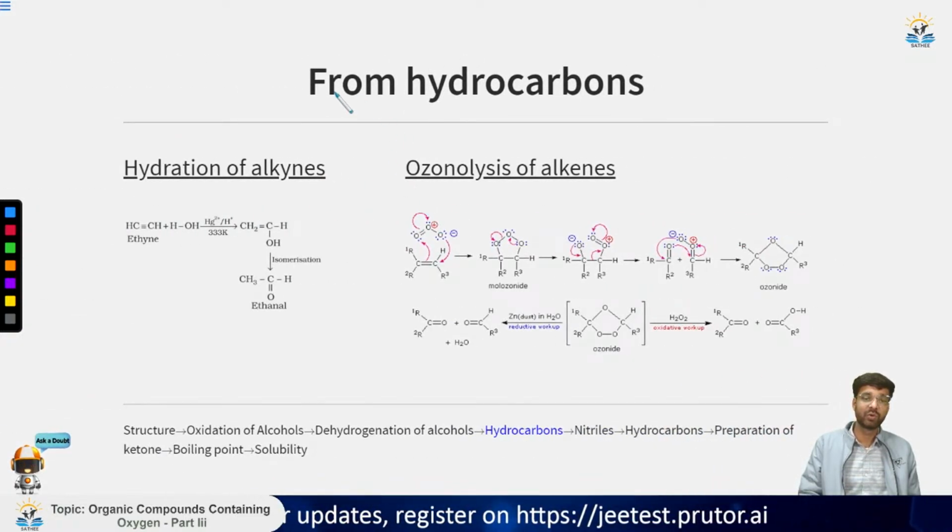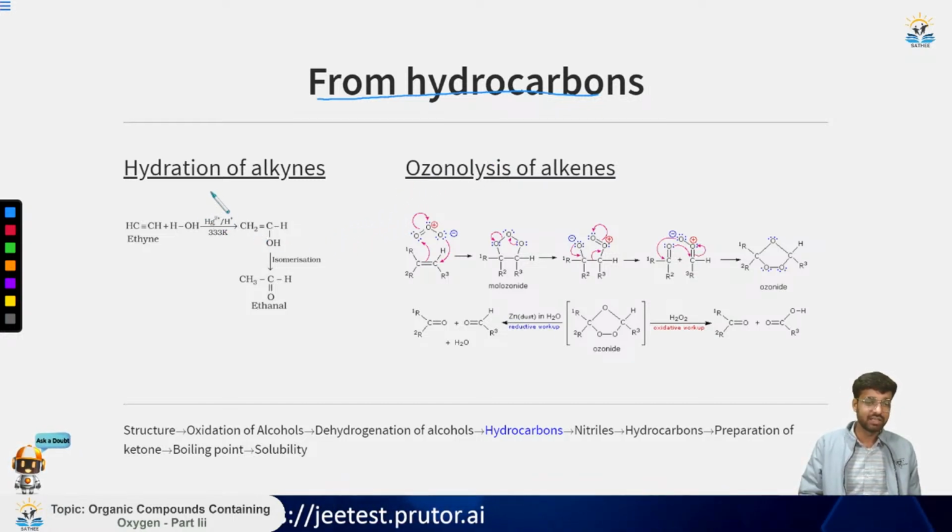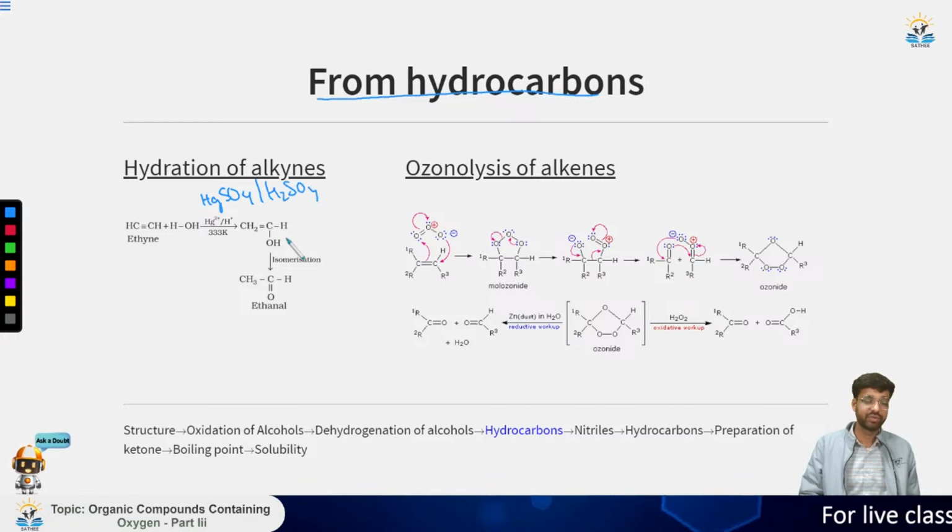Now next, we can do it from hydrocarbons also. When we were studying hydrocarbons, alkenes, alkanes and alkynes, we saw this reaction earlier also. What we are taking here is HgSO4 and H2SO4, so in the presence of acid. This is the reaction that we are having.